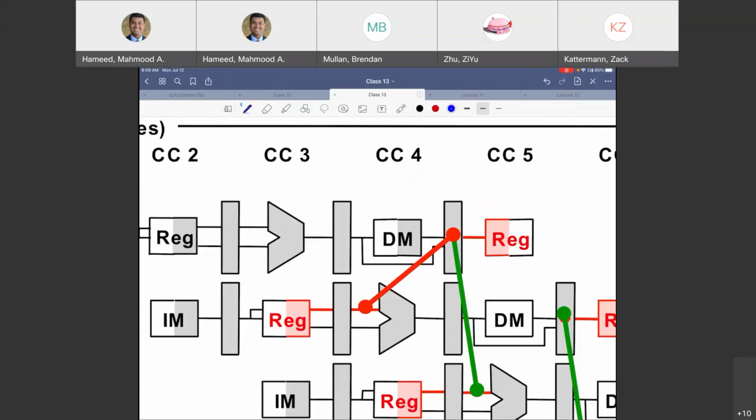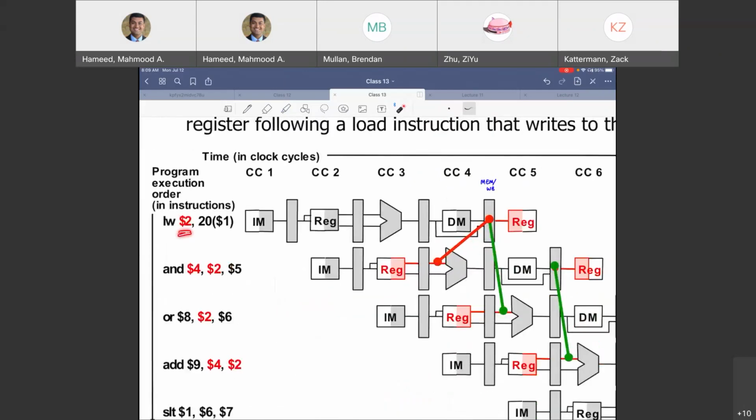That's your mem write back pipeline register, right? So you would have read the contents and written it over here. That's when you know what will go onto $2.